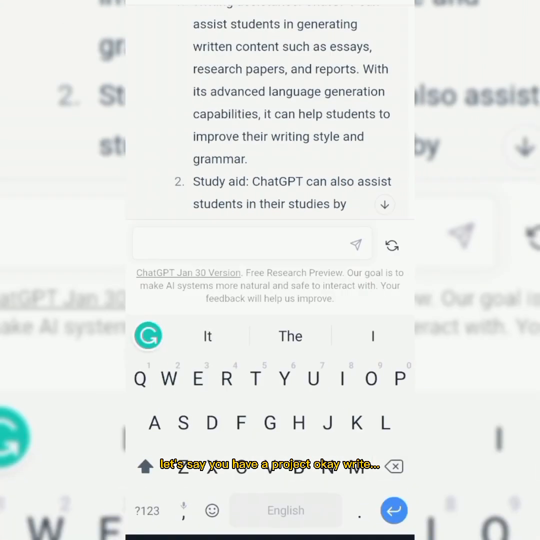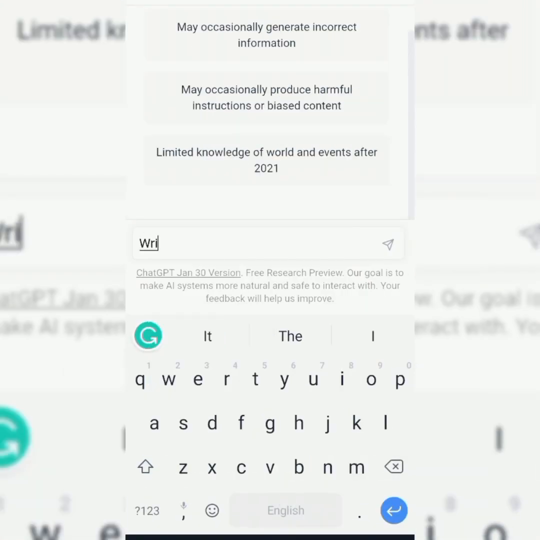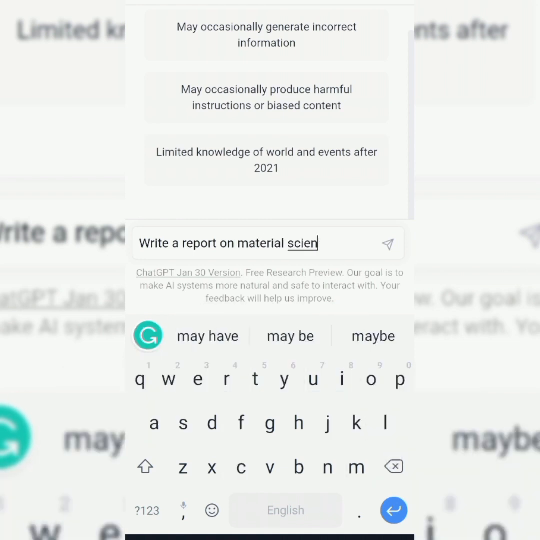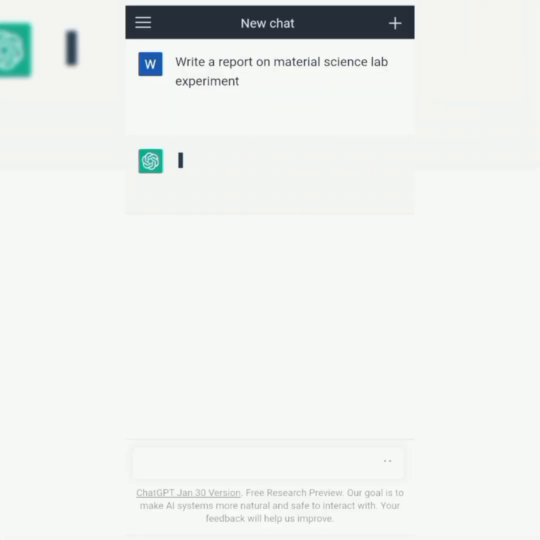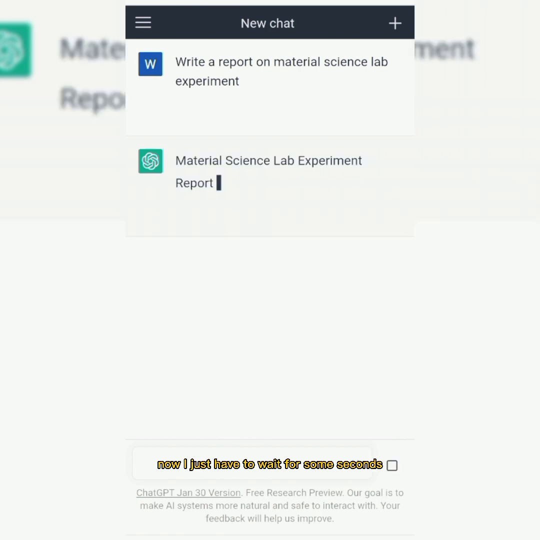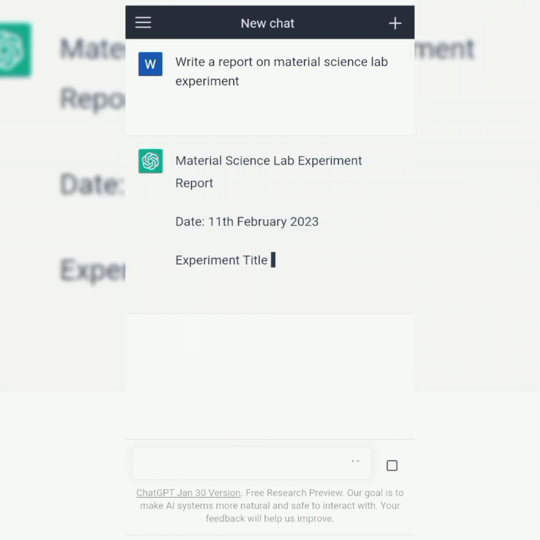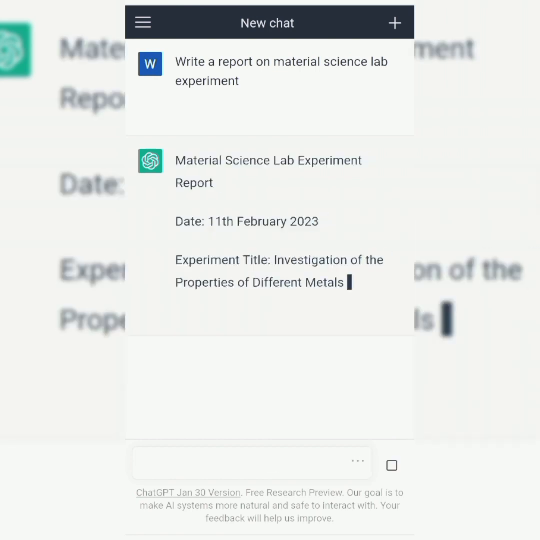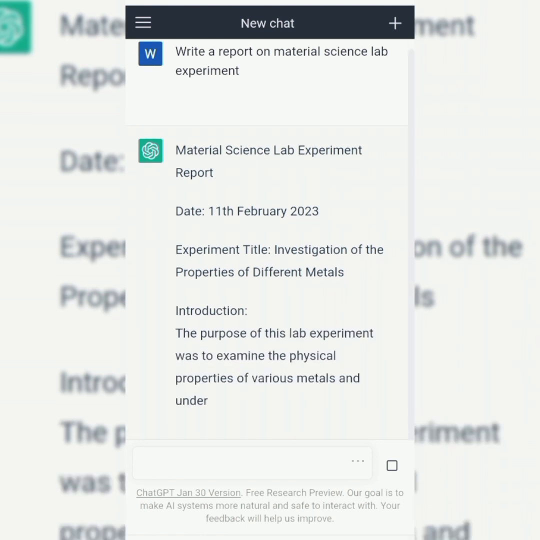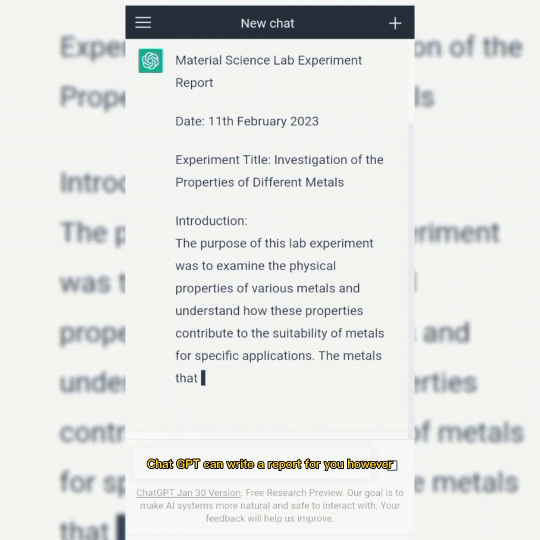Now, let's say you have a project. Okay, write a report. Now you just have to wait for some seconds. Now, this is just how ChatGPT can write a report for you.